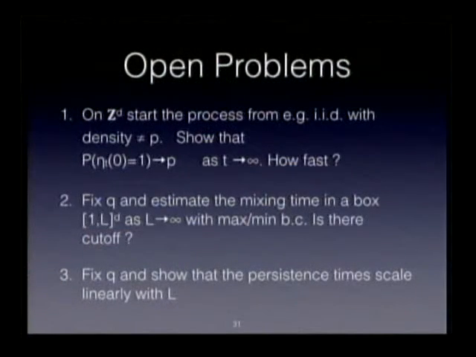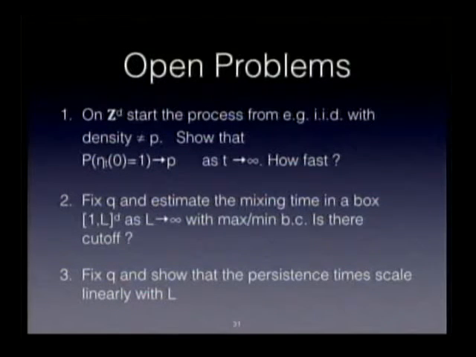Okay, then compute, starting from this distribution, the probability that at the origin at time t you are at 1, and you would like to know whether this value, when t goes to infinity, converges to the equilibrium one, p. Okay? So if yes, how fast? So this still is unknown.